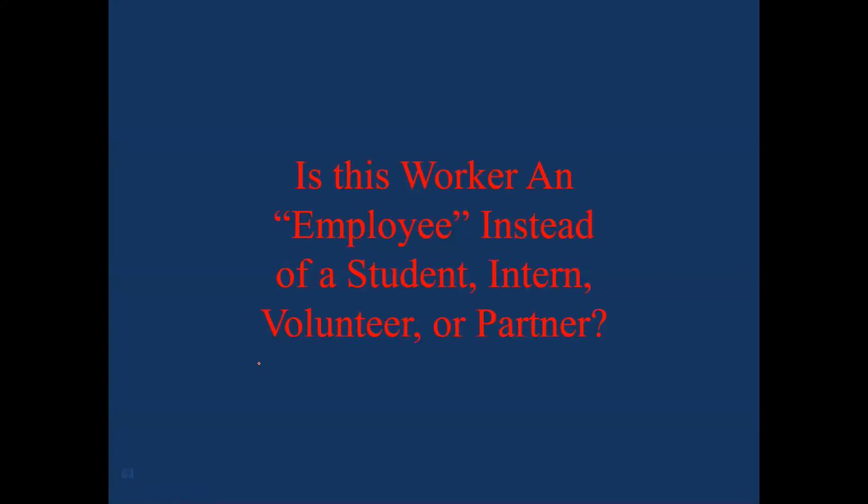Let's look at our next issue. Is this worker an employee instead of a student, intern, volunteer, or partner? So we've previously considered, was this person an employee or an independent contractor? But there's actually a few other choices out there. Someone might not be an employee or an independent contractor.